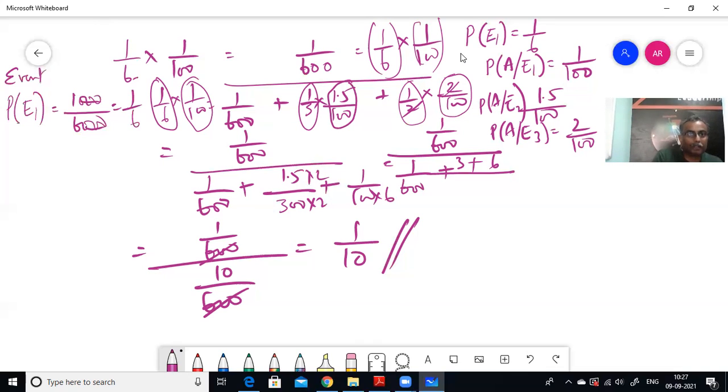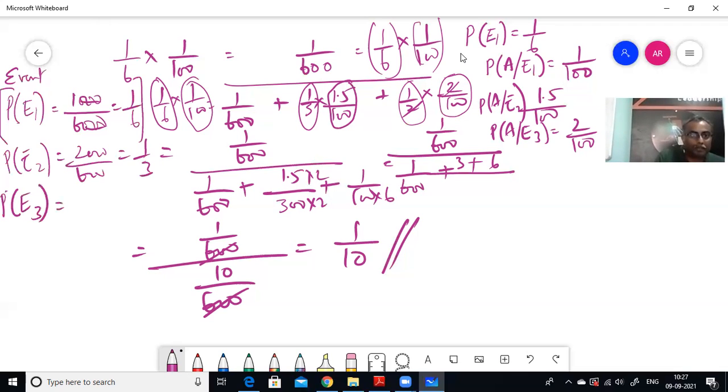This one is important. Then probability of E2, same way, 2000 by 6000, that is equal to 1/3. And the probability that the bolt is manufactured by machine 3 is 3000 by 6000, which is half. This is the main important step.